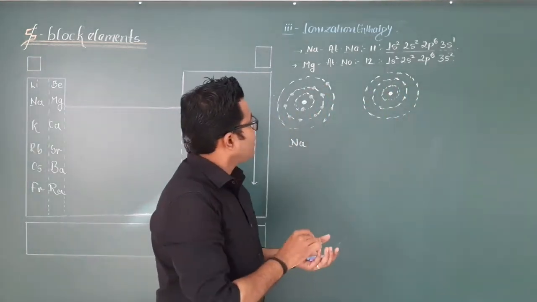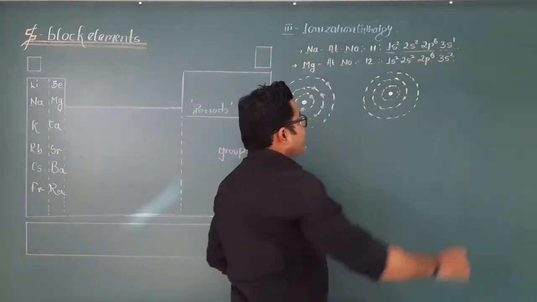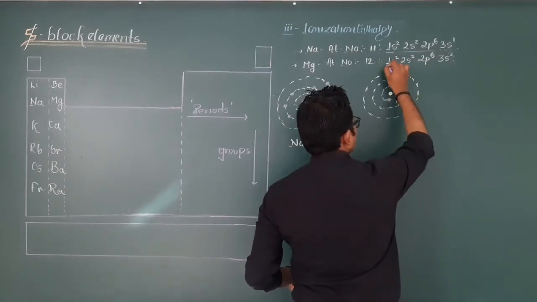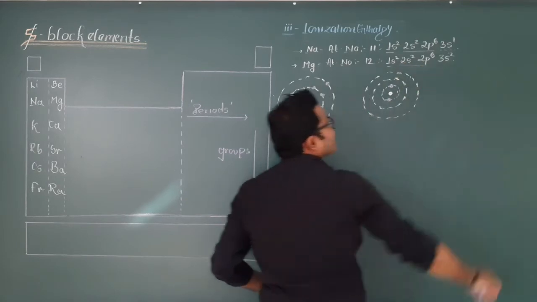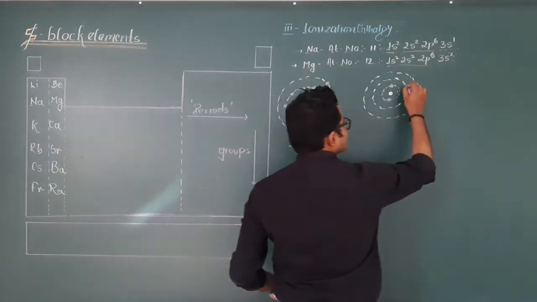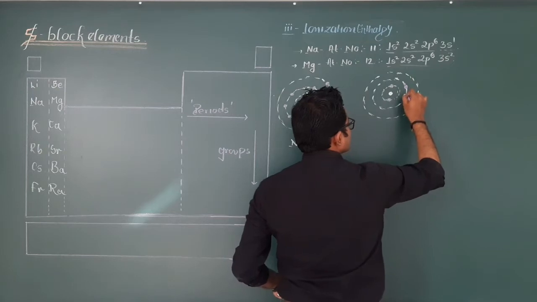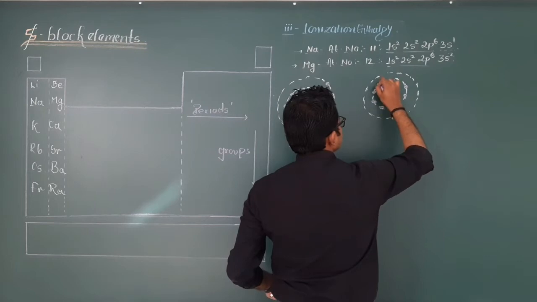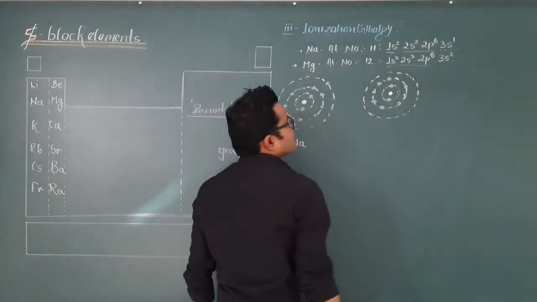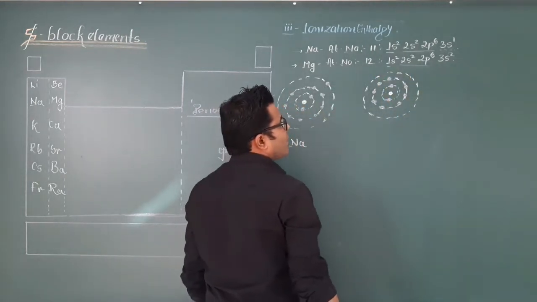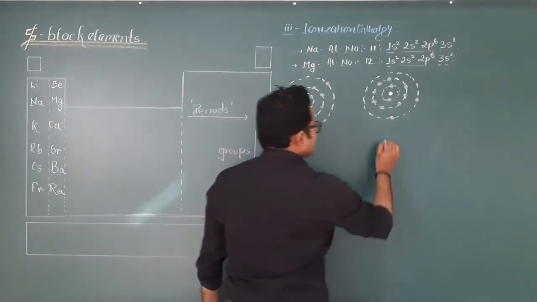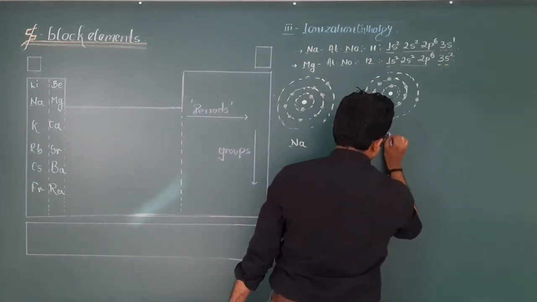We have 2 electrons in the first shell, and in the second shell a total of 8 electrons: 1, 2, 3, 4, 5, 6, 7, and 8. So the total number of electrons so far is 10, and of course we have 1 here and the next one here in the 3s. So this is our magnesium.